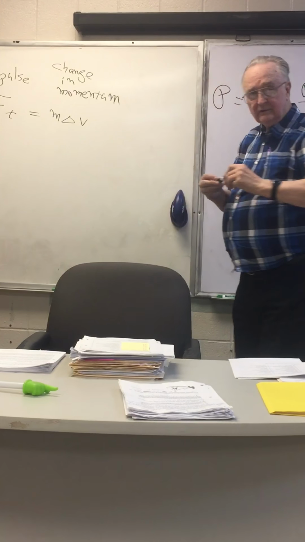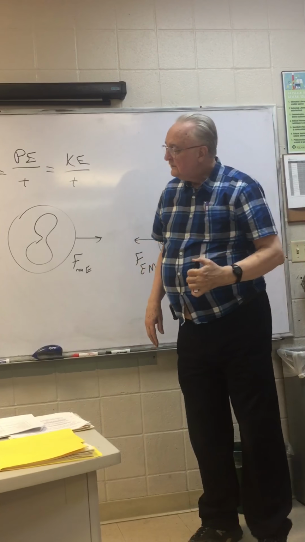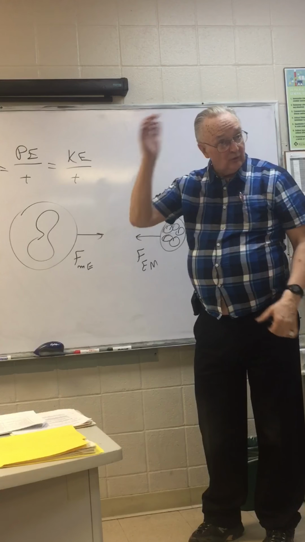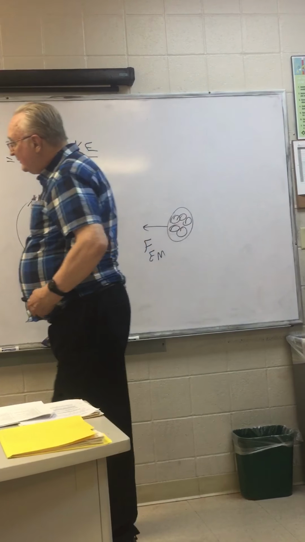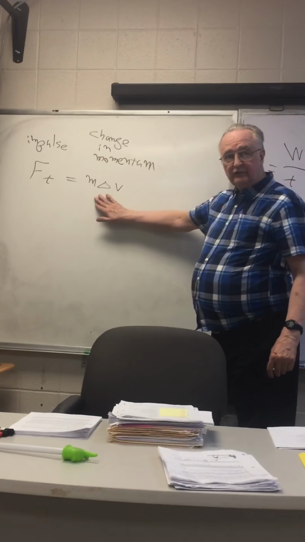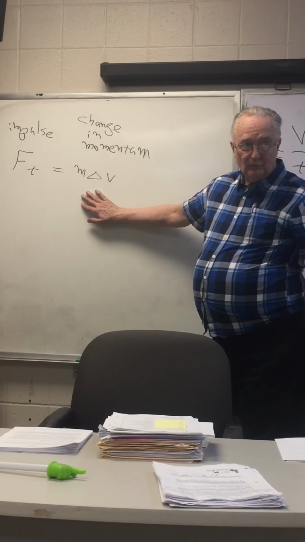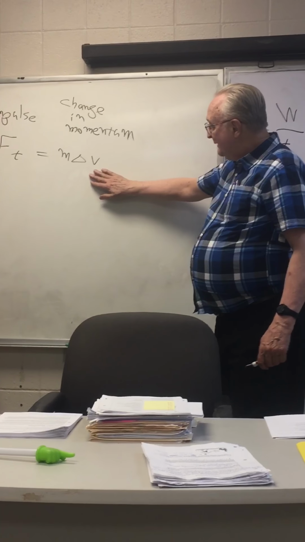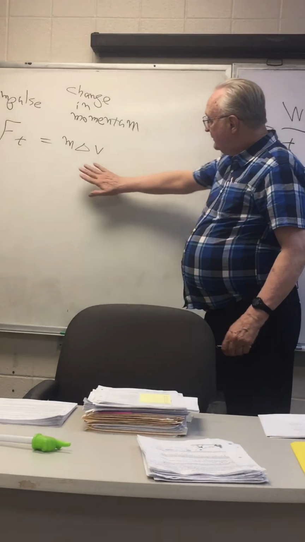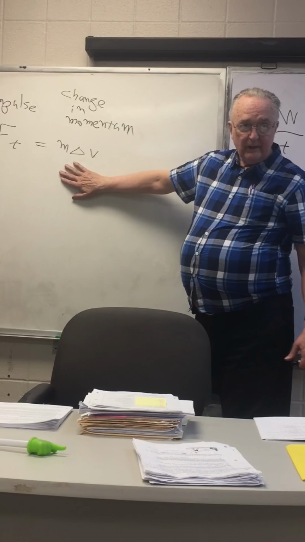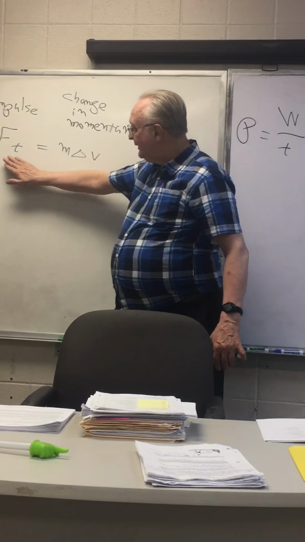When you have a collision, or when you jump up and down on a floor mat in gym, there's a certain amount of momentum that has to be absorbed. You can't get away from that. The only way you can help is to slow down your car, so if you do have a wreck, it won't hurt as much. But once you're having a collision, that momentum has got to be absorbed. So we can't change this, but we can change these.